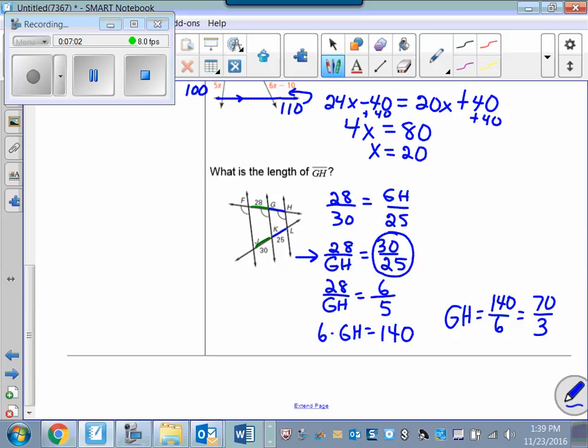And then when I take my cross product, I get 6 times my unknown equals 140. And then when I simplify that, I don't get a nice integer like I was hoping for. I actually get 70/3. So I think that's right. Let me know if you got a different answer, but that's what I'm getting.